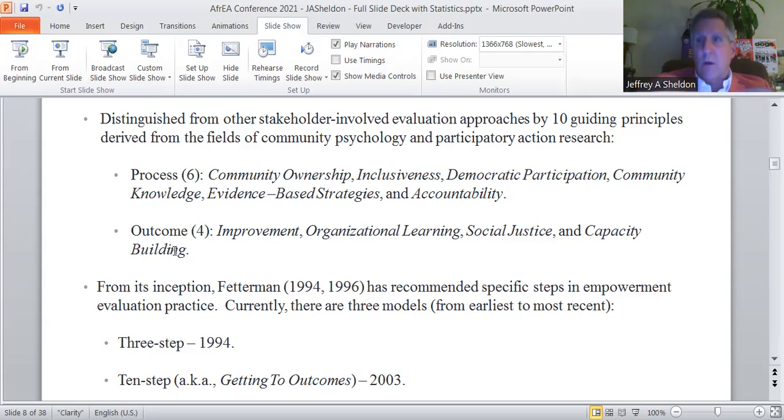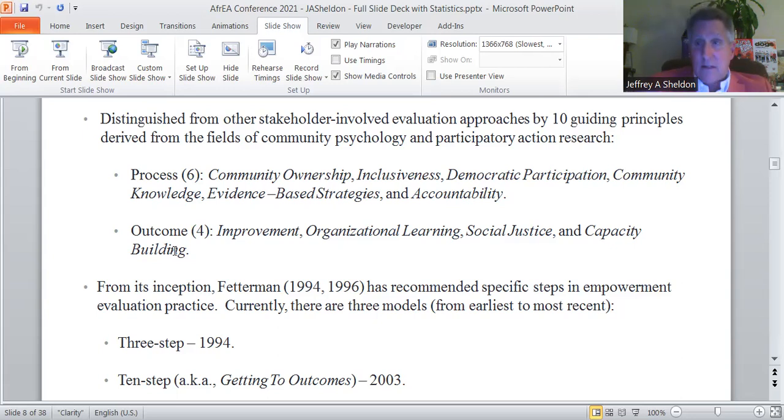Then there's organizational learning, which means that a group of people have used data to learn something, and once they've learned it, they can share it and use it for other purposes.